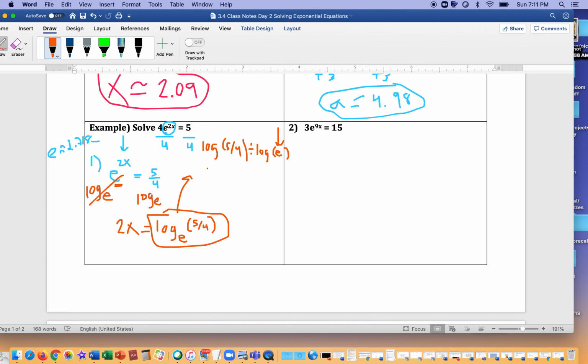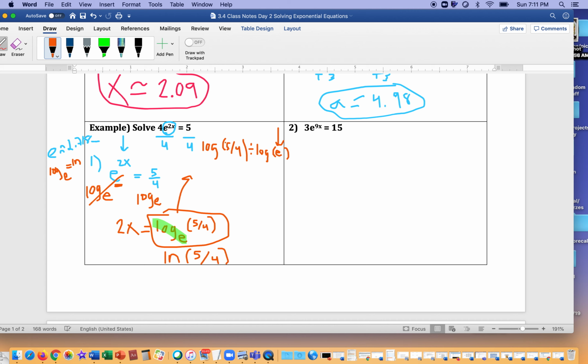Or if you remember, log base e is natural log. So if you want to just replace log base e with ln, they're the same thing. So that might be a little bit faster. But some people just prefer working with logs.